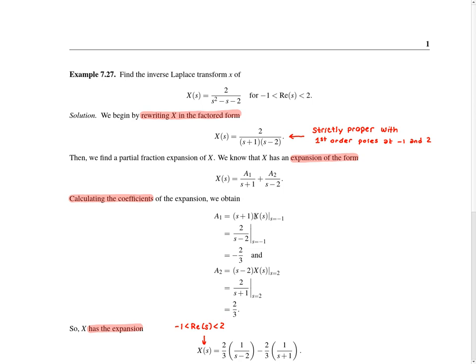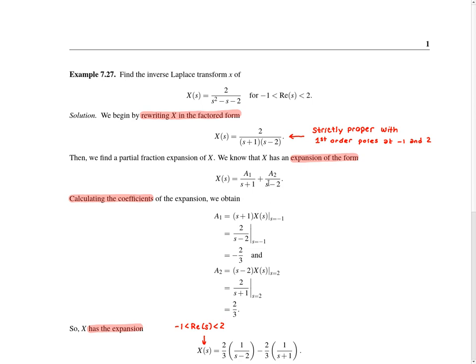We're simply taking the function that we're trying to find the partial fraction expansion of, which is big X. We multiply it by the factor that's associated with the coefficient a1, which in this case is the factor s plus 1, and then we evaluate this expression at the value of s that forces this factor to go to 0, which will be s equal to -1. And if we grind through the arithmetic, the value that we get is -2/3.